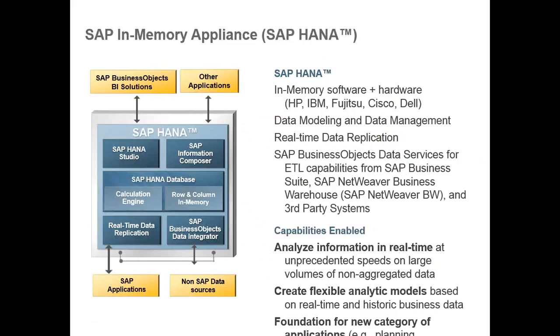It is a hardware technology innovation with respect to multi-core architecture, which we will discuss in brief. And it's a software technology innovation in terms of the database, using column database or row database, which is not new if you observe. We use column database tables in BW, and every database normally uses row database tables.